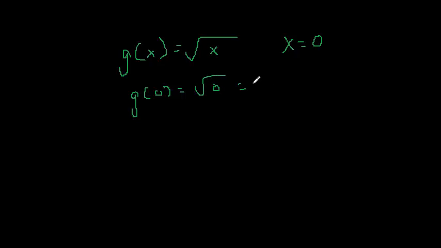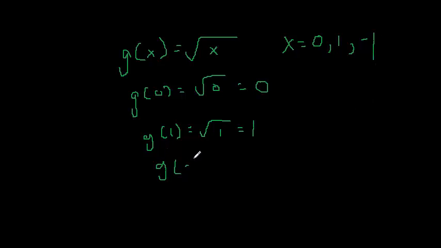Well, the only thing that does that is 0. So I run into no problems here. What about, say, 1? Well, g of 1 is the square root of 1, which is 1. Again, no issues.